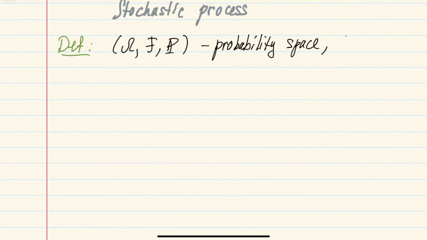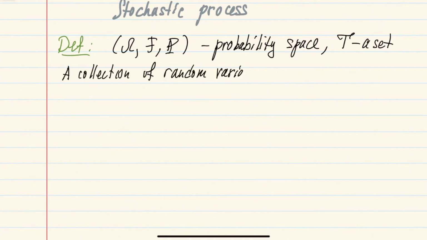And we consider some set T, which is an index set for our process. Then a collection of random variables that we will denote X_t, random variables on our probability space with the index coming from the set T, is called a stochastic process indexed by T.